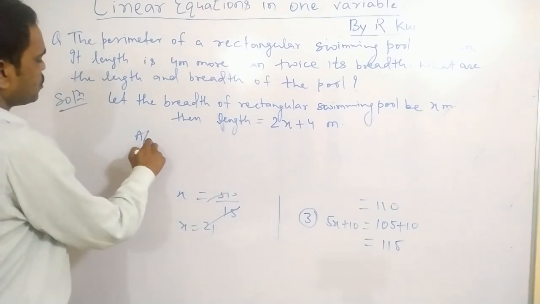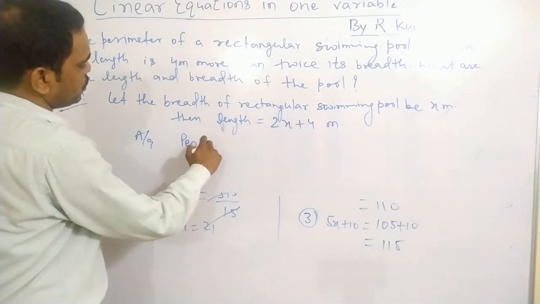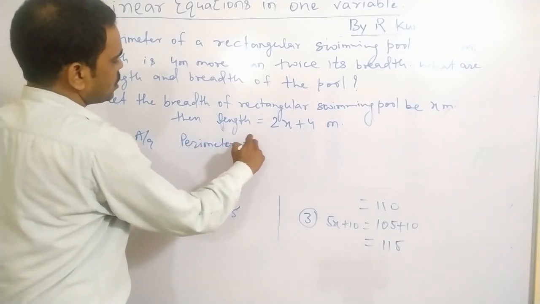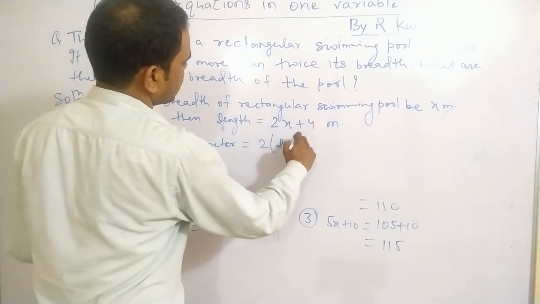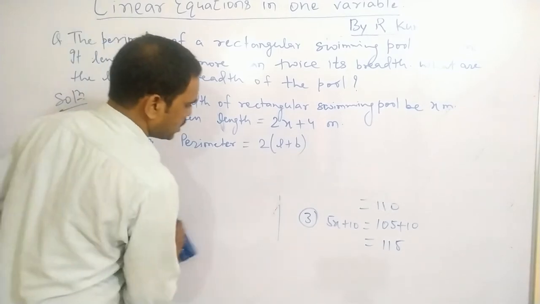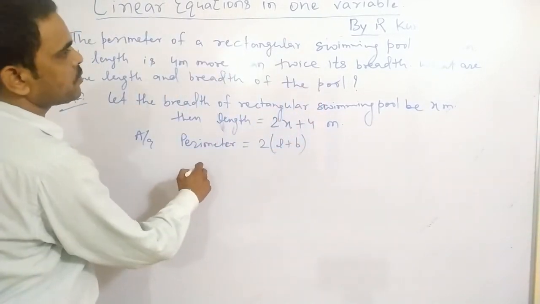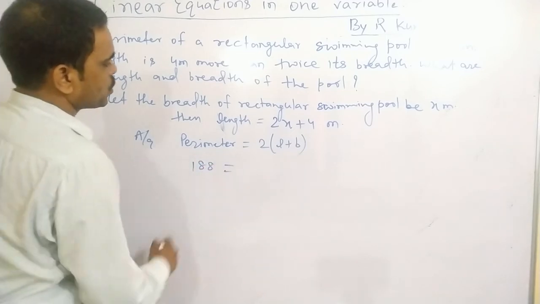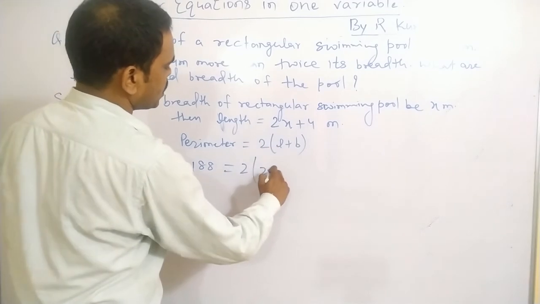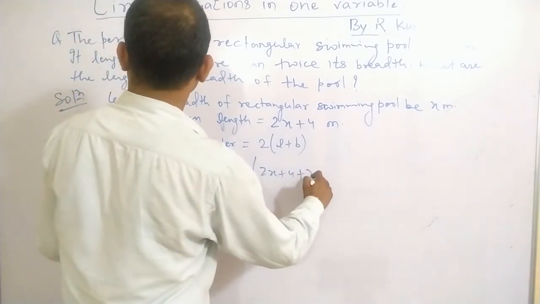Now, according to the question, for perimeter, we know the formula is 2 into (L plus B). Now you see, perimeter is given 188 equals 2 into, for length it is 2x plus 4 and for breadth it is x.